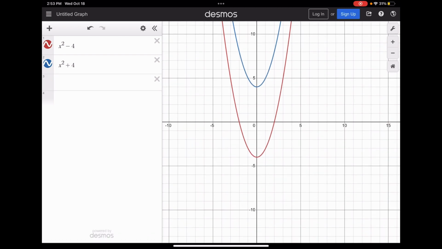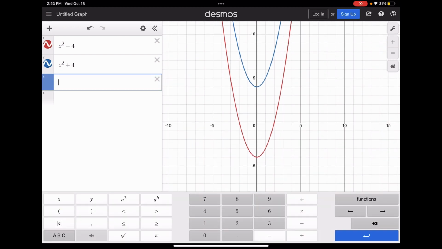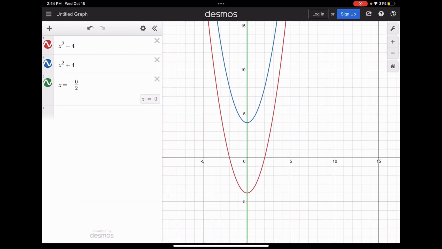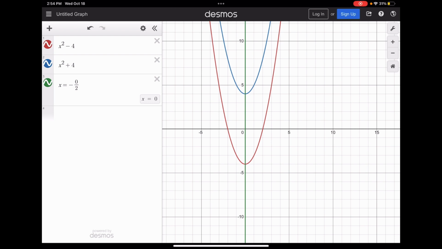Well, on the graph, they look the same. That's because the axis of symmetry is negative b, which is negative 0, divided by 2 times a, so just 2, right? And so that's just y is equal to 0. Actually, guys, x is equal to 0, right? Because that's a vertical line. Boom. Looks like they're the same.